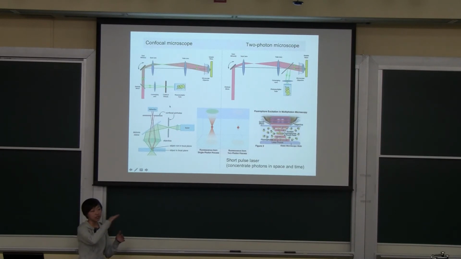Every time you're changing this red beam, you also need that green beam to travel from a different angle to the same point, right? But for two-photon, although you're changing this excitation beam, every time you're only exciting one point, so you just collect whatever you get from that one point.